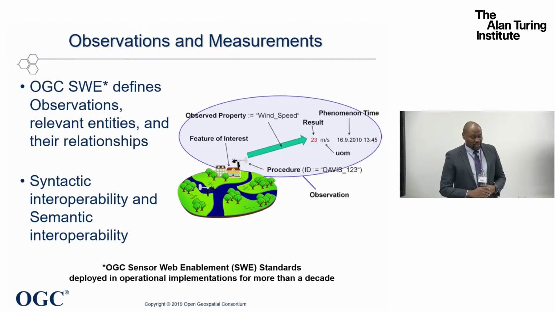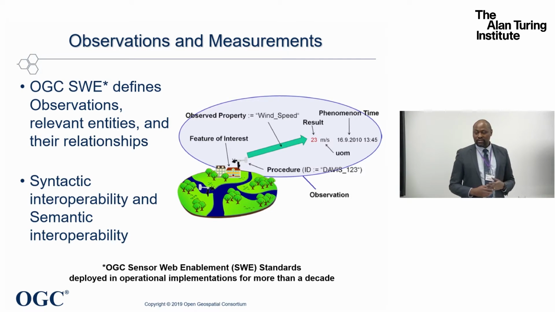So within the OGC, what we've done is to develop a suite of standards called the Sensor Web Enablement suite. It includes a number of standards, for instance, the Sensor Observation Service, which provides a way of publishing observations collected by sensors. There's the Sensor Planning Service, which makes it possible to task sensors, for instance, to task a satellite to collect data at a particular location and at a particular time.